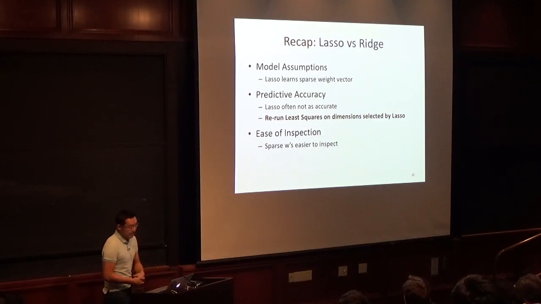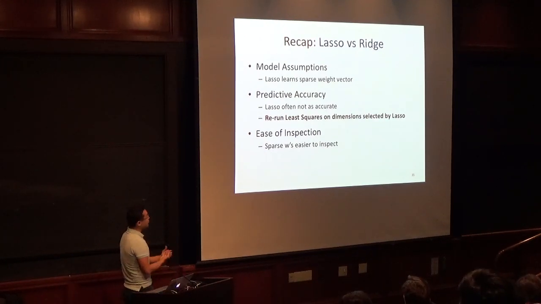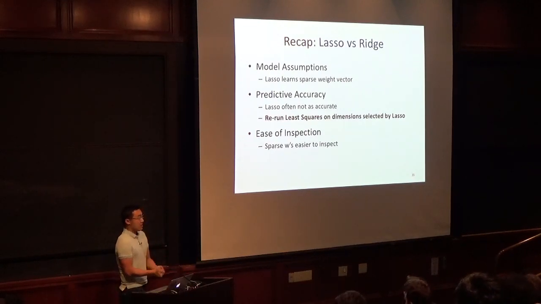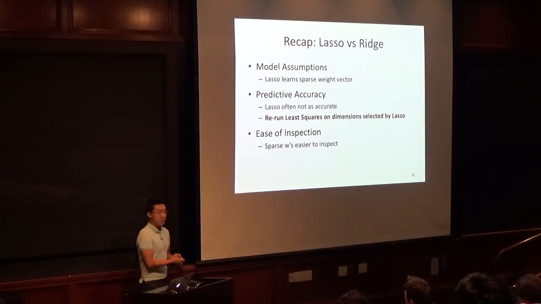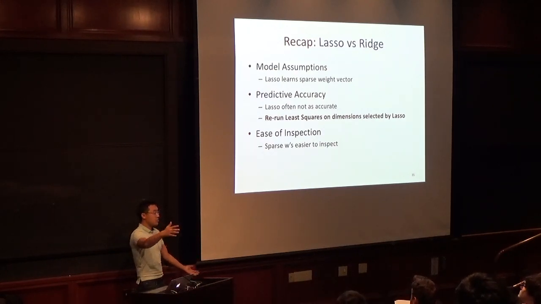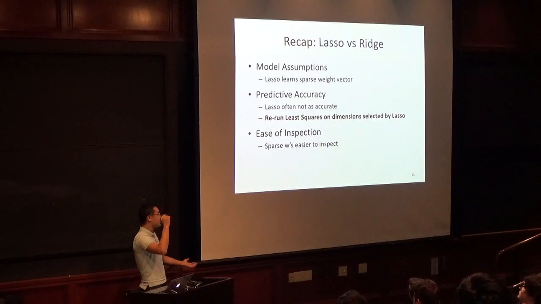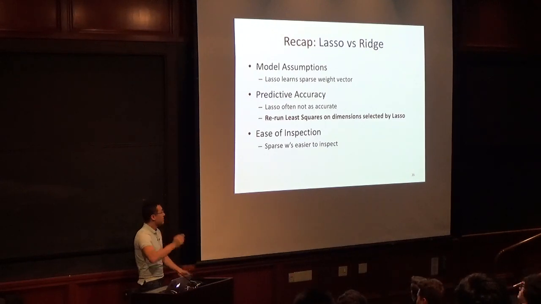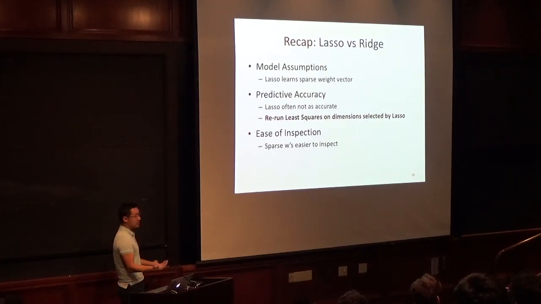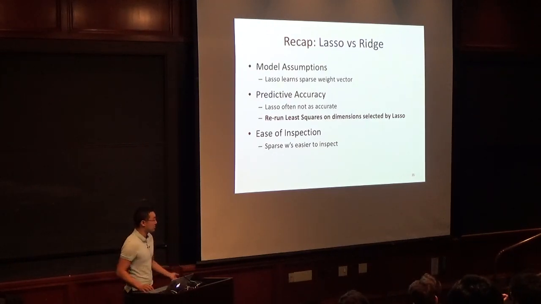Another thing is that if you believe that the true model should be sparse, or you just want a sparse W for whatever reason, it's easier to inspect. It's more interpretable, right? If you have a million-dimensional feature vector, and you only want to recover the top 10 or top 100 entries, and you want to manually inspect your model, it's impossible to manually inspect a million, but you can inspect up to 100.